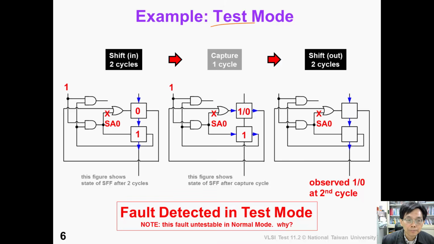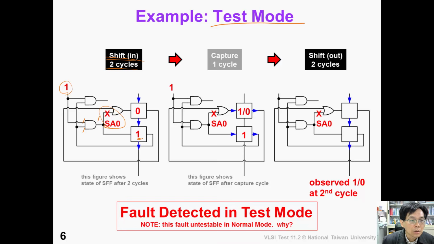Now, in test mode, suppose we want to detect a stuck-at-0 here. So we would like to shift in our test pattern. The scan flip-flops are first configured to perform a shift operation. Because we want to activate this fault, we will need a 1 at the primary input, and also we will need a 1 at scan flip-flop number 1.